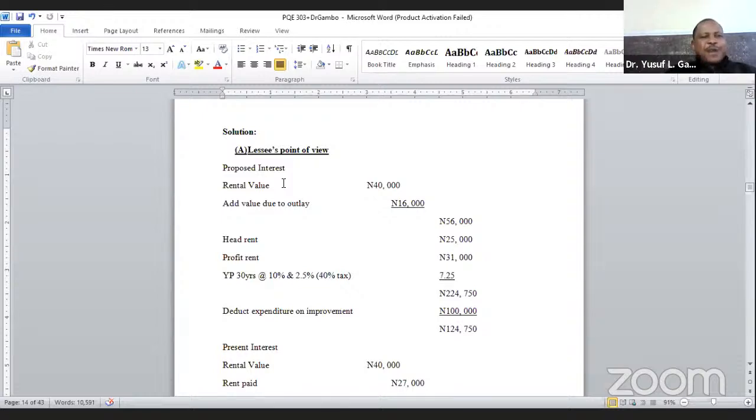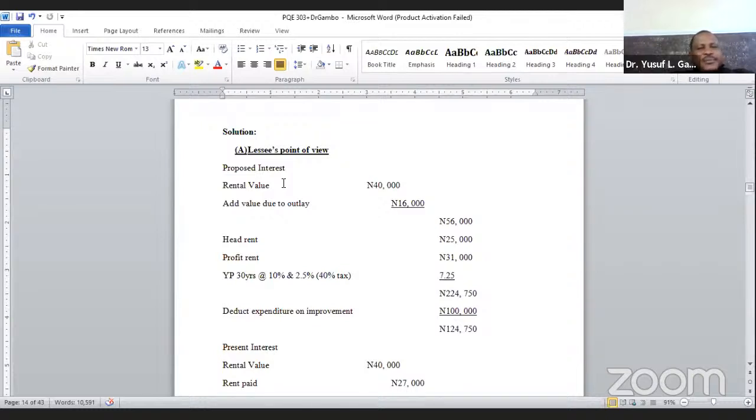And we add the value of the improved structure, 16,000. So our full rental value at the proposed interest of the tenant is 56,000. Mark it very well. It's no longer 40,000 as in the question. That's why I took my time to be telling you that.